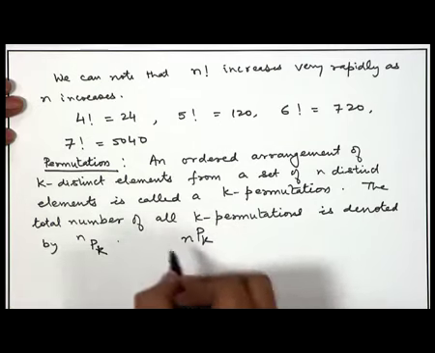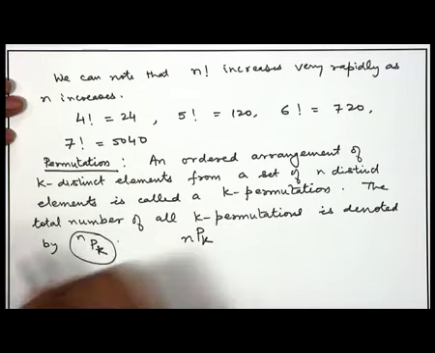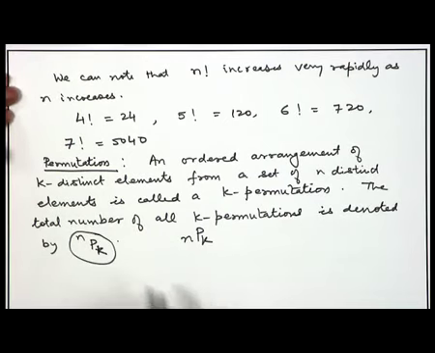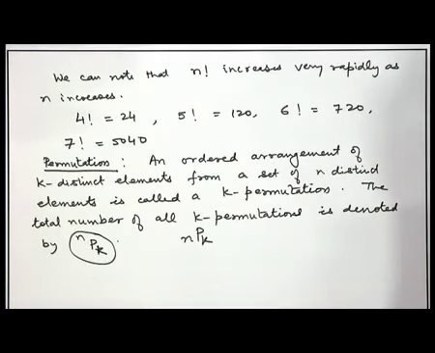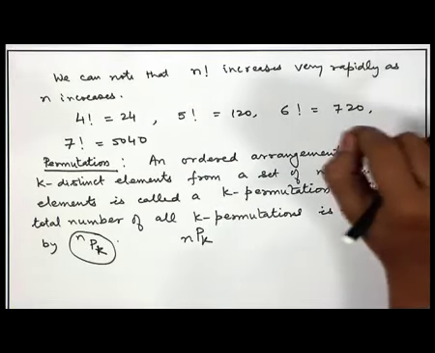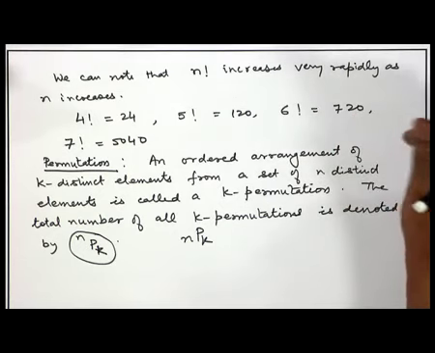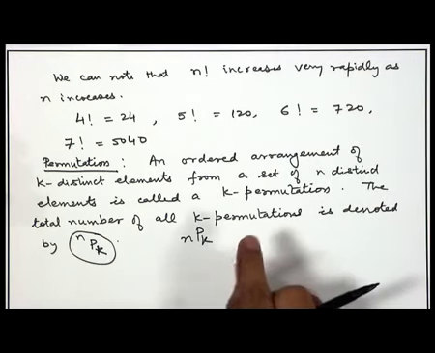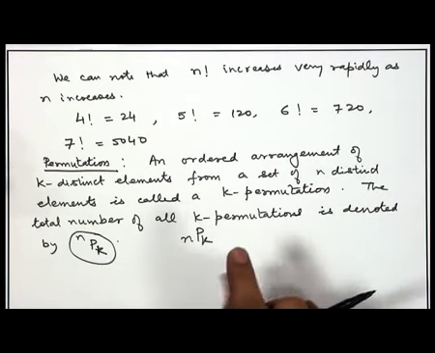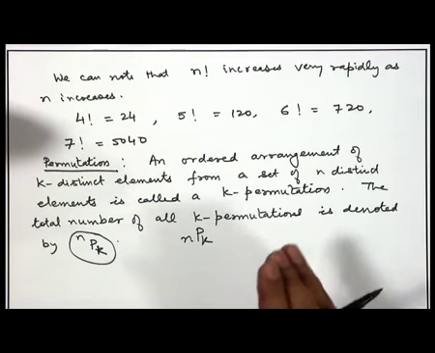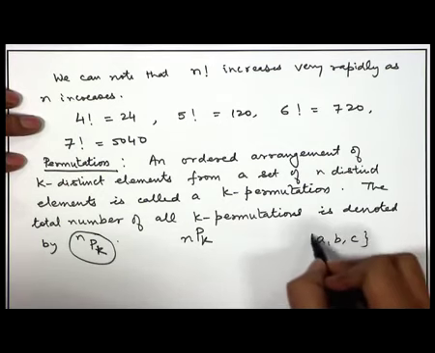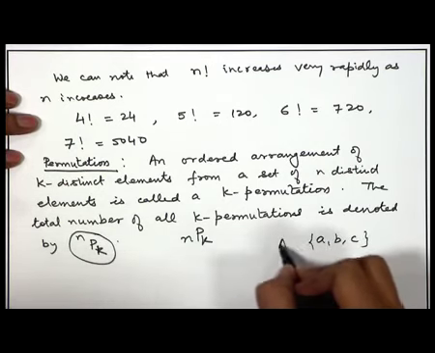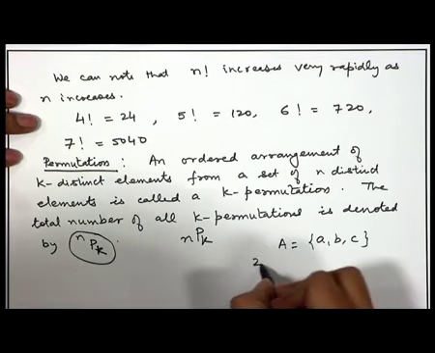So, in various books you will see various notations. I will be using this notation. Now, let us see what would be the value of this. That means, if we have a set consisting of n distinct elements, then how many ordered arrangements of k distinct elements from there can be taken. Please note here I am talking about ordered arrangements. Suppose n is equal to 3, say A, B, C, and I want to choose 2 here.